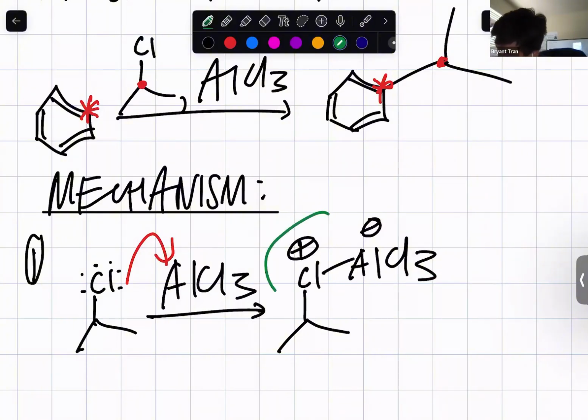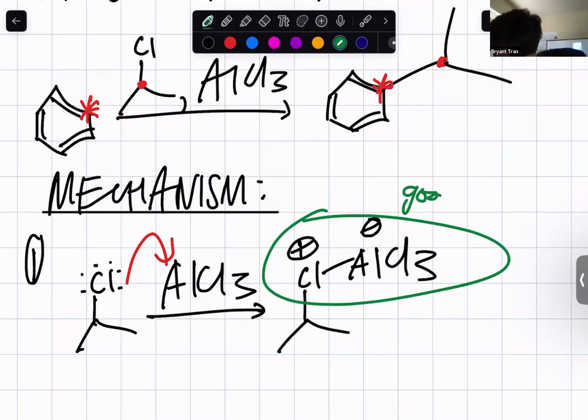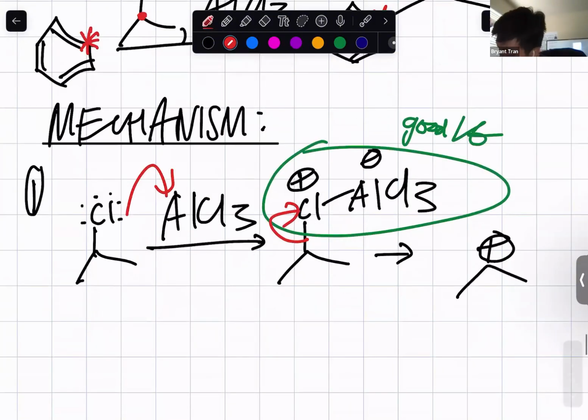And now think of this as an SN1/E1 type mechanism. If it's able to form a secondary or tertiary carbocation, then it's just going to leave by itself first because that is a stable carbocation that could exist on its own. So this good leaving group is just going to leave to form a secondary carbocation here.